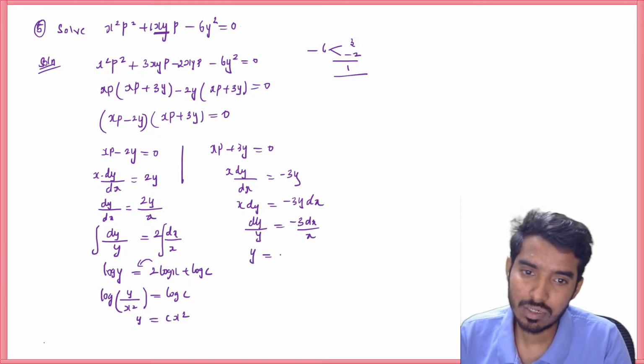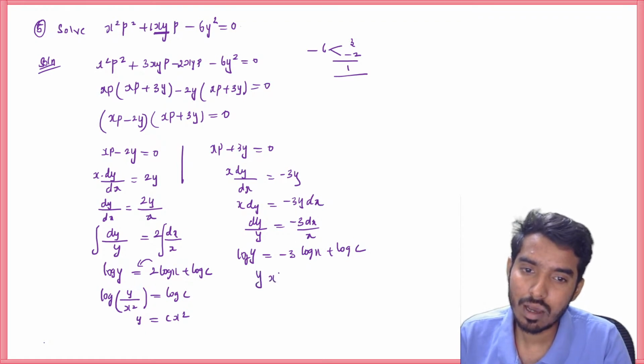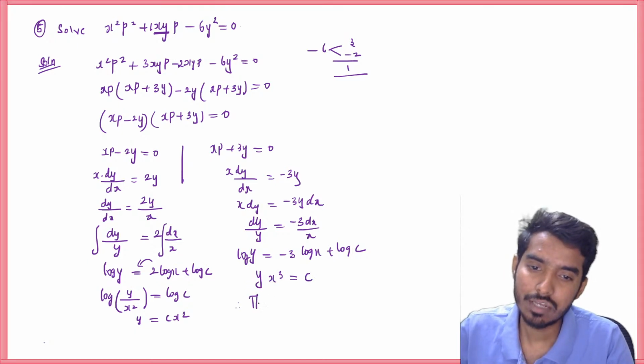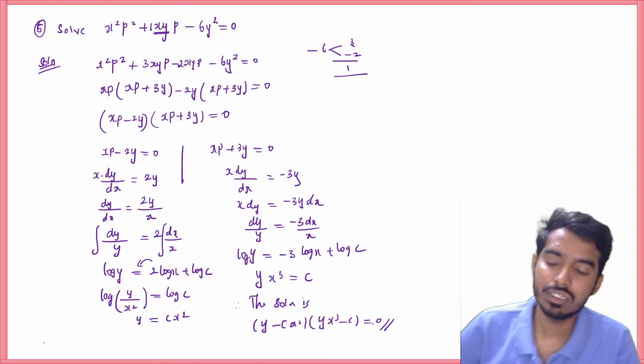So log y is equal to minus 3 log x plus log c. So log a plus log b is log ab equal to c. Therefore, the solution is you have to multiply these two: y minus x square, yx cube minus c equal to 0.